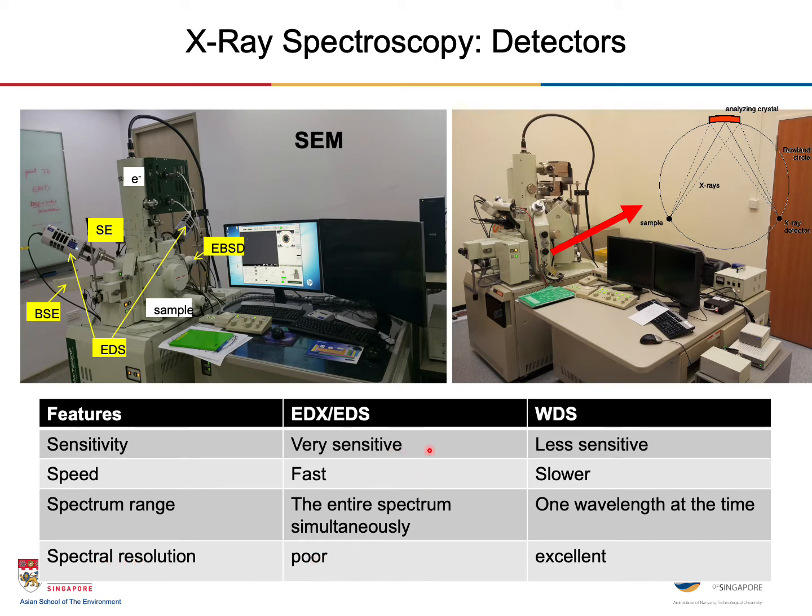WDS tends to be less sensitive, but it's more commonly used for quantitative analysis, while the EDS is very sensitive. EDS is also very fast, and one thing that makes it fast is that it captures the entire spectrum simultaneously, whereas the WDS is only capturing one wavelength at a time. That's the reason we have 5, so we can have 5 wavelengths detected simultaneously.